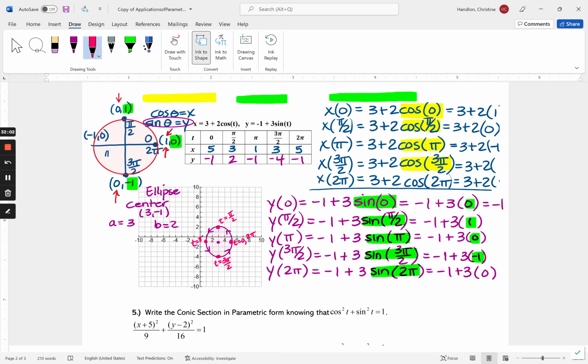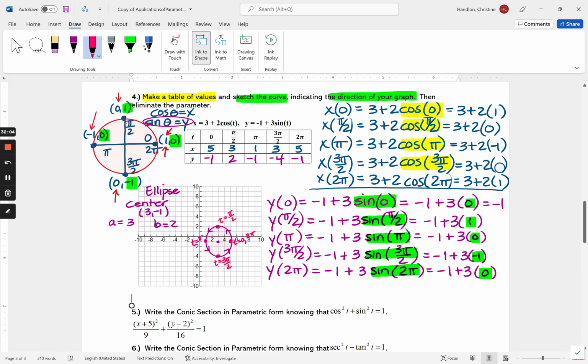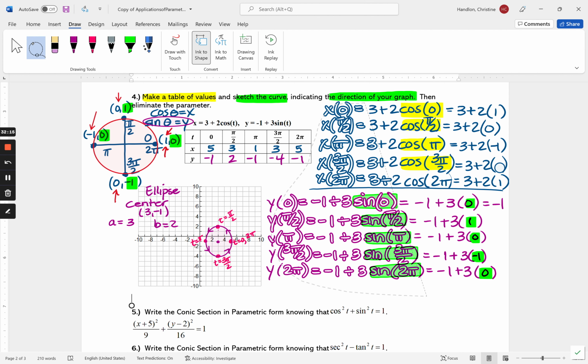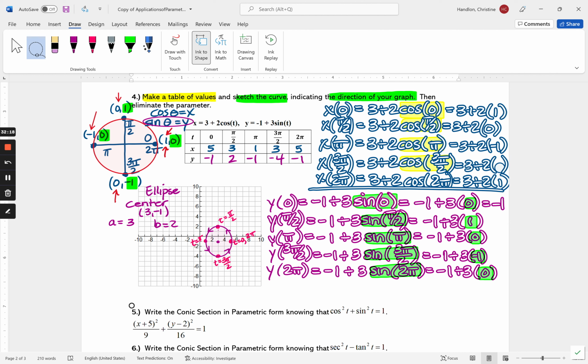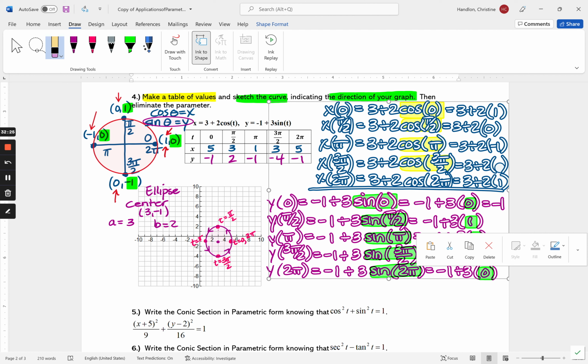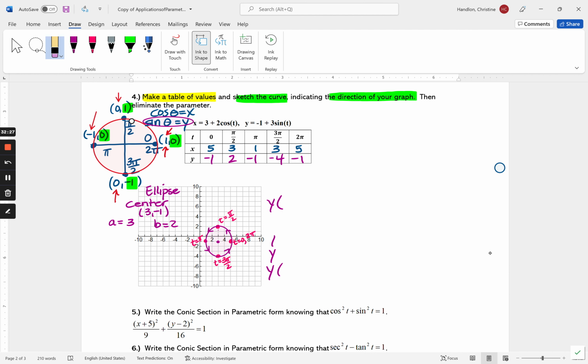Now, we are getting ready to show you how to eliminate the parameter, which is our t-value. What we're going to do here is erase this all in one shot. There we go. So here I needed the space, so you guys might need a little extra paper to attach for problem number 4.